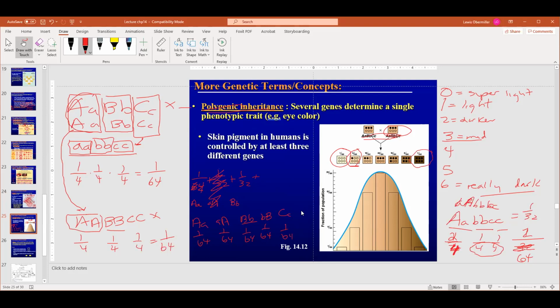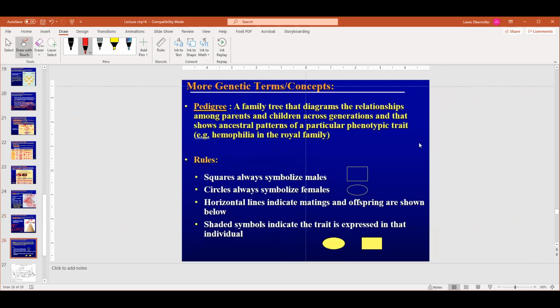And this one would also be 1/64. So we can use the rule of addition because each of these offspring only have one dark allele. Everything else is recessive, and then if we add them all together, we would get 6/64 by using the rule of multiplication and addition. And that's happened, and you can look it up.